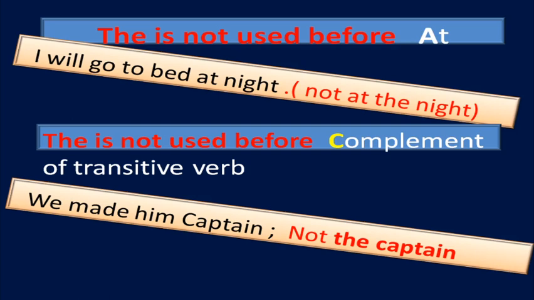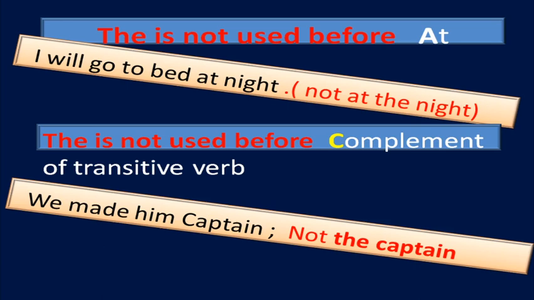Another, in case of transitive verb, we made him captain. Here it's a complement. Transitive means any verb that has an object. Another additional thing we need for extra information is called complement, right?